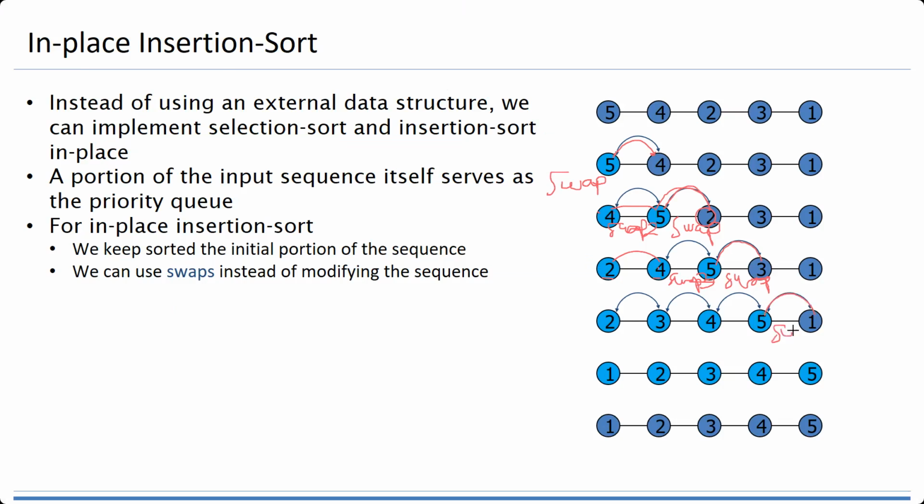Yes, then swap. Then 1. 1 is less than 4? Yes, swap. 1 is less than 3? Yes, swap. 1 is less than 2? Yes, swap. Then we have the full sorted sequence like this one: 1, 2, 3, 4, 5.